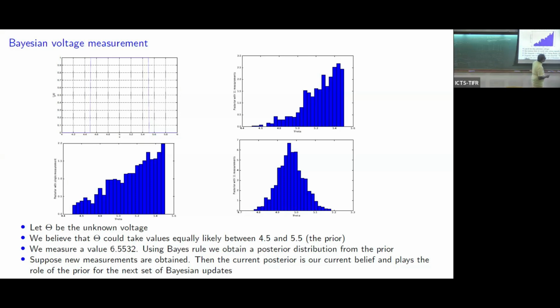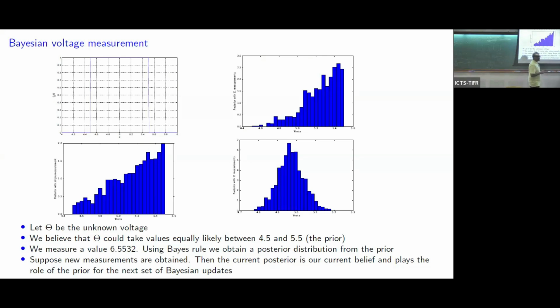Or I can do one more thing. I can look at an interval here, say between 4.9 and 5.1. Suppose I find that between 4.9 and 5.1, 95% of my belief lies. Here belief is a probability, so 95% of my probability lies there.